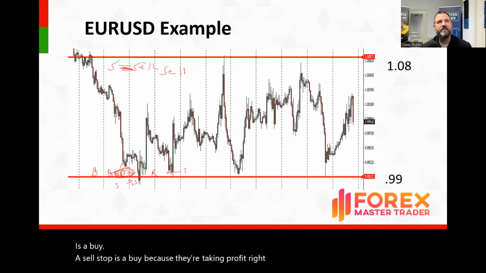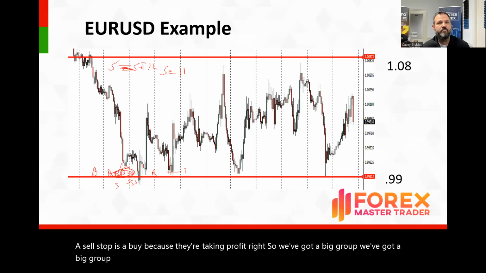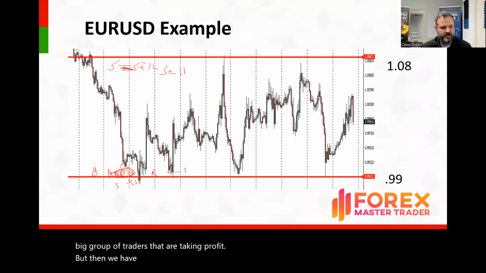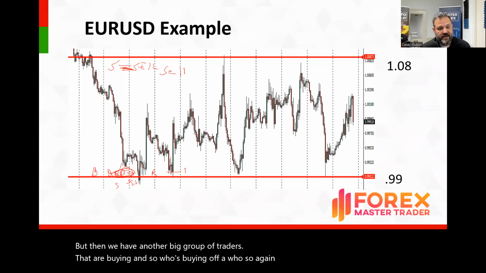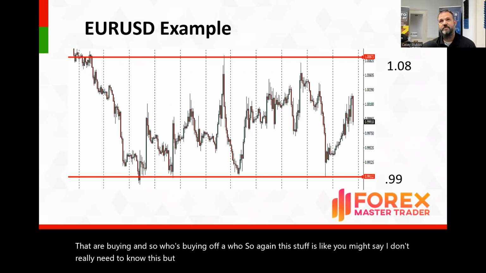A sell stop is a buy because they're taking profit, right? So we've got a big group of traders that are taking profit. But then we have another big group of traders that are buying. And so who's buying off of who? So again, you might say, well, I don't really need to know this, but you kind of do, just because it's great to understand what's happening. I want to know why technical analysis works.